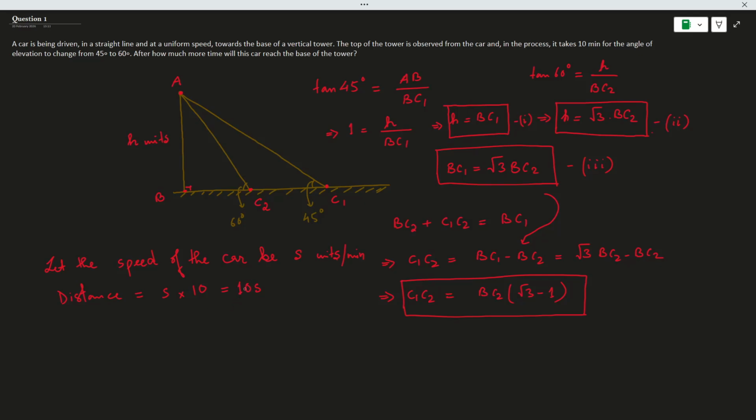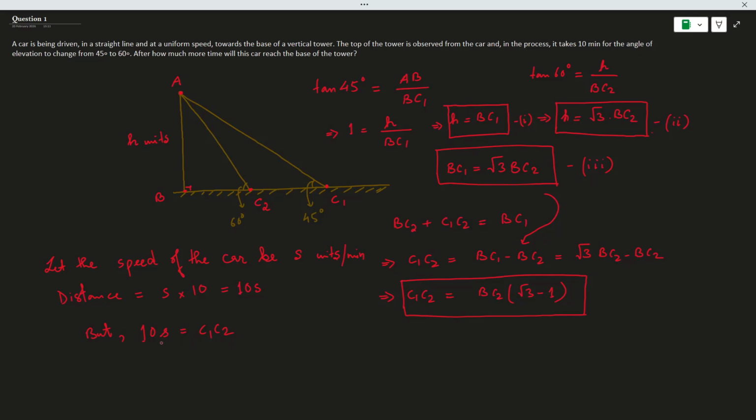But we know that the distance traveled by the car in these 10 minutes is C1C2. So C1C2 is equal to 10s.